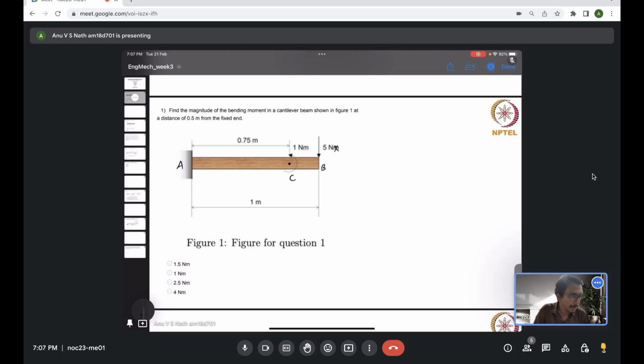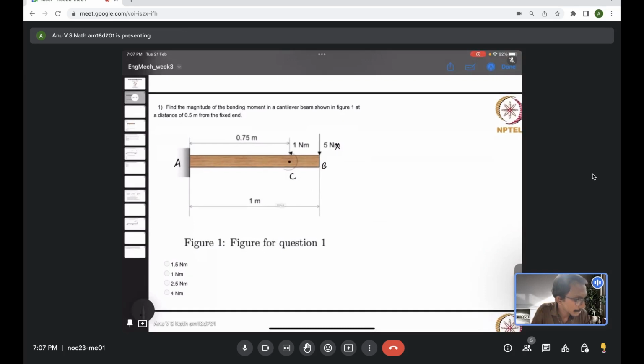So you just need to evaluate the moment at a distance of 0.5 meter from the fixed end. That will be exactly somewhere in the middle. Let's say this is the point D, which is actually 0.5 meter from the fixed end. So you just need to evaluate the moment at that point, just the magnitude.